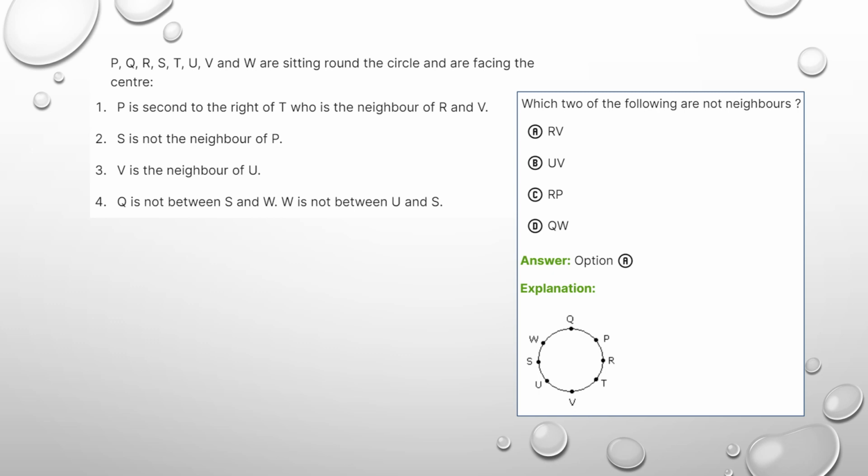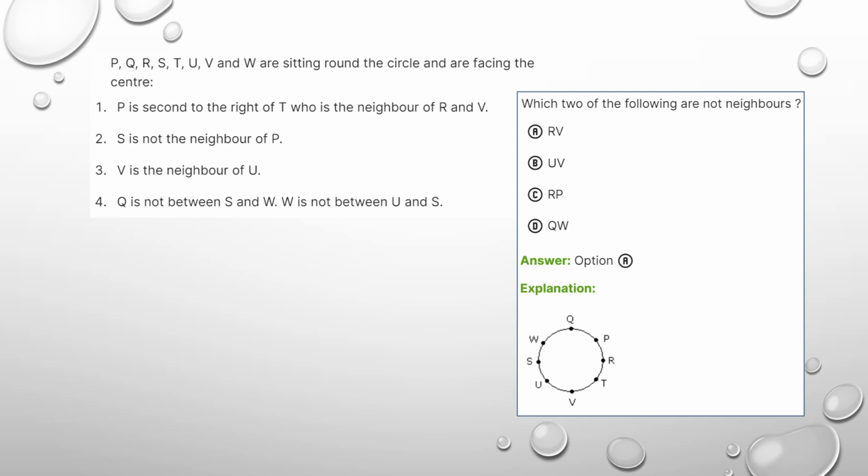Yes, here you can see the A option is given, which is nothing but R and V. U and V are neighbors, R and P are neighbors, and then we have Q and W as neighbors. Yes, all these sub questions can be solved easily only when you can do this circle properly.